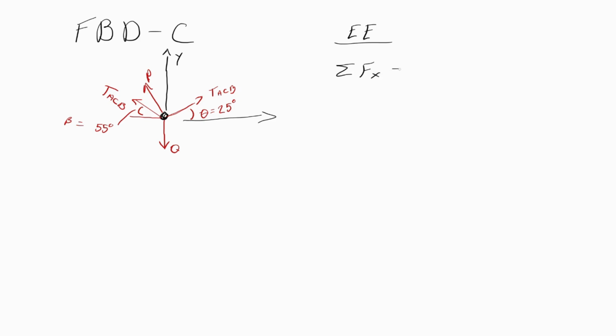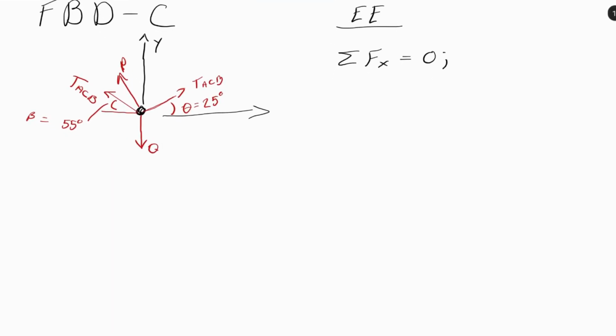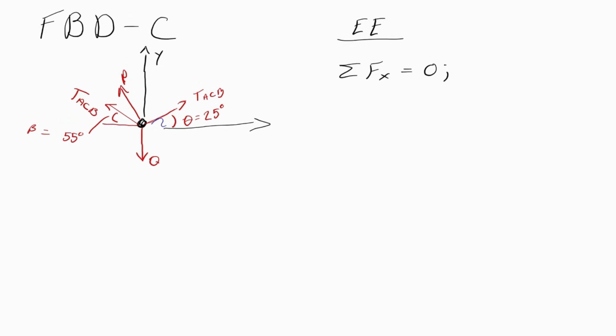So the sum of Fx equals 0, and here we're gonna use the x component of TACB, which has two. One is related to the 55 degrees and one is related to 25 degrees. So one is going to the negative side of x. So this is the x-axis. This is our 0 point of the x-axis, and one is going negative from 0 and the other one is going positive from 0.